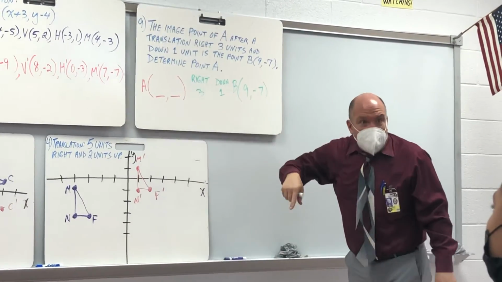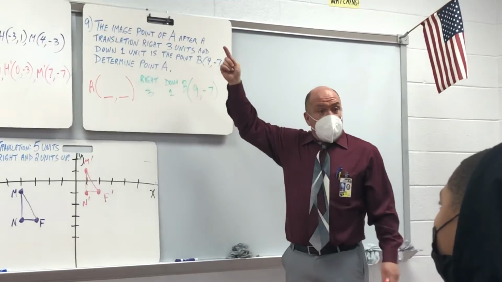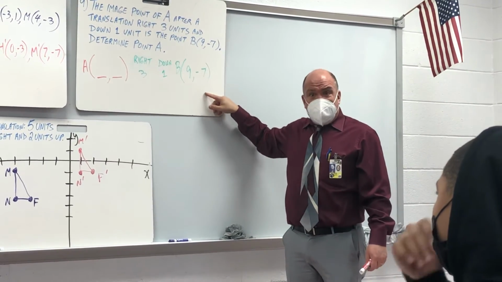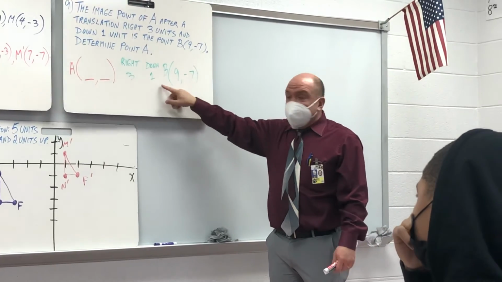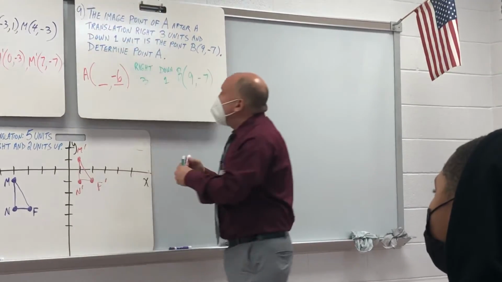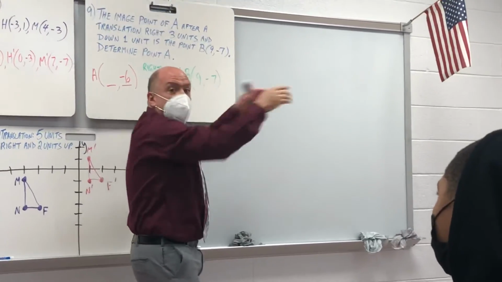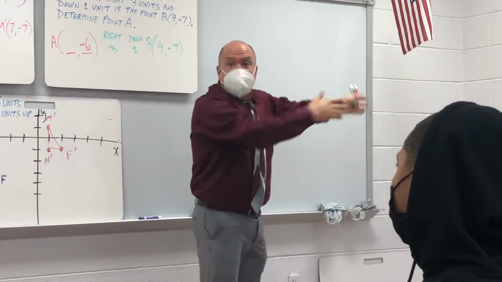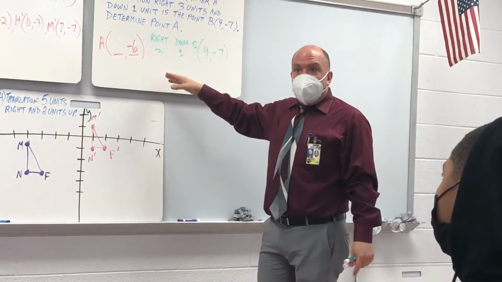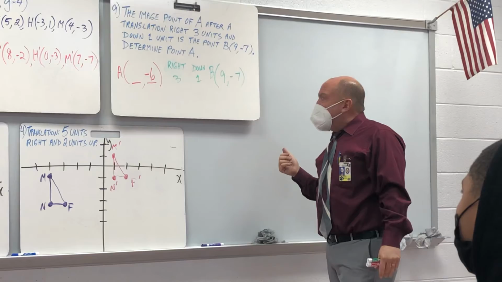So after I went down 1, it takes me to negative 7. Where was I before? Negative 6, right? Before I got to negative 7, by going down 1, I was at negative 6. Going right 3 got me to 9.